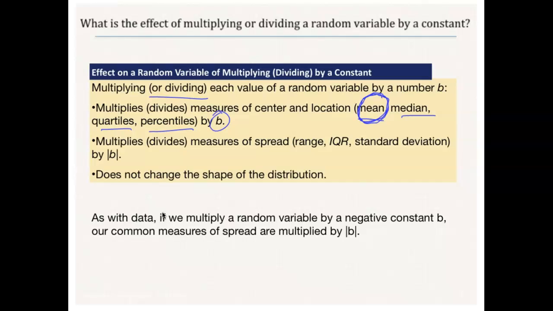It multiplies measures of spread by the absolute value of b. That's because your multiplier could technically be a negative value, but your measures of spread will always be positive. So you're always going to multiply by the absolute value of b.